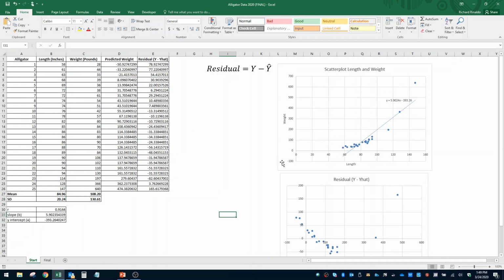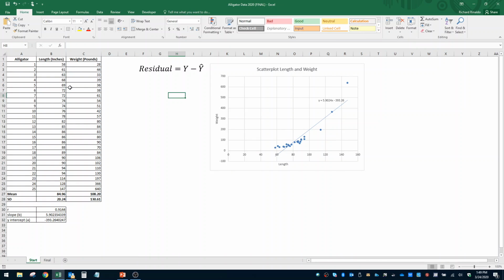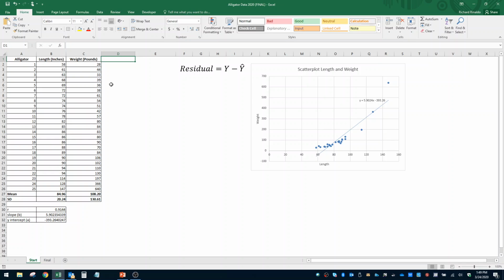So I'm now going to eliminate this, and I'm going to eliminate the predicted values here. I don't need this anymore because the linear regression doesn't work. And I'm also going to, for ease, I'll explain why in a sec, double up length. So length 1 is equal to that value there.